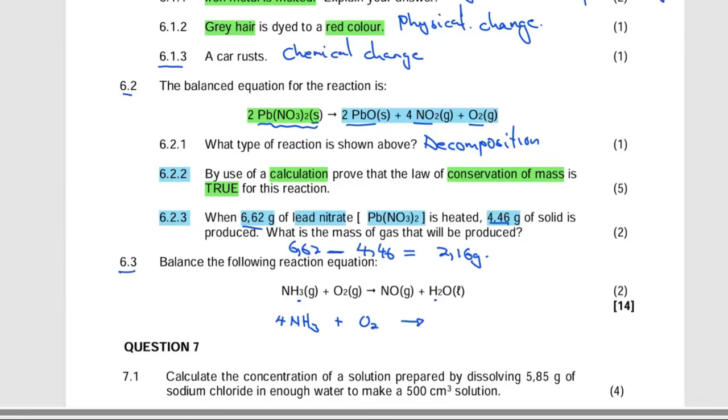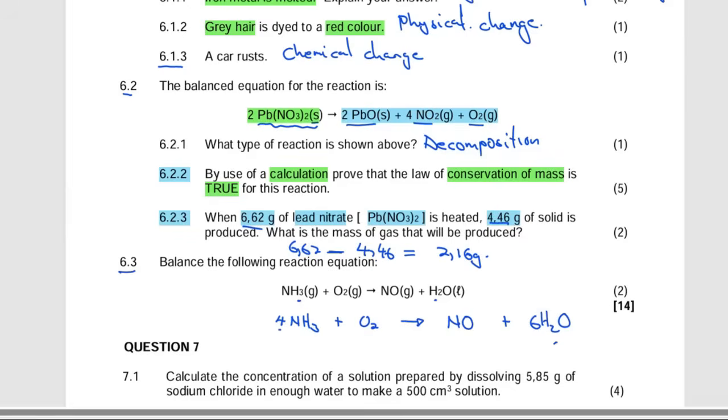Then I'm also going to say NO, and the last one is going to be H2O. If I place my coefficient of 4 there, what is going to happen on the other end? This is my hydrogen. So 4 times 3, now I'm having a total of 12 hydrogens, and here I'm still having 2. So I should multiply with the coefficient of 6.